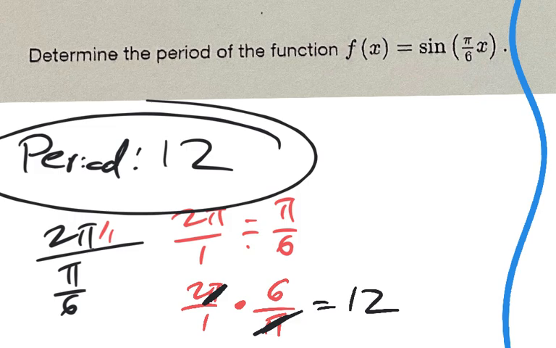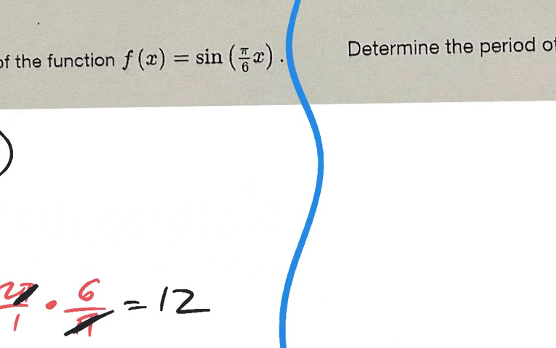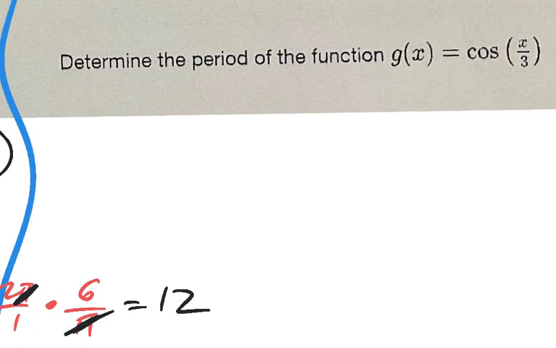That's okay. That's a lot. How about the next one? The next one, we are looking at cosine of x over 3. Well, that looks a little different. Could I write this so it looks like b times x?